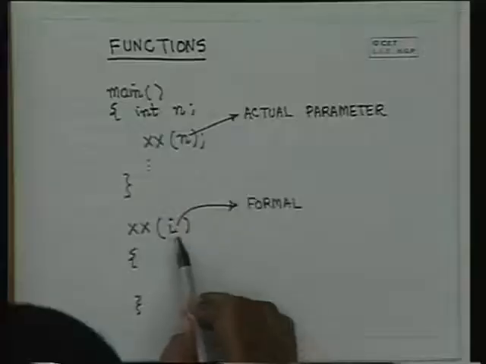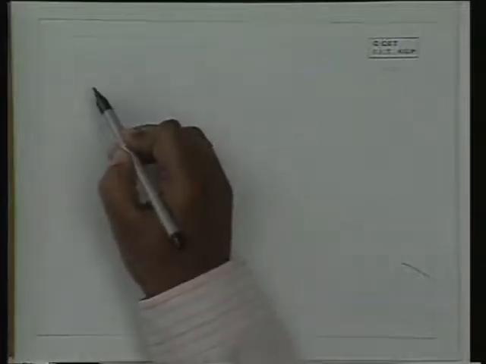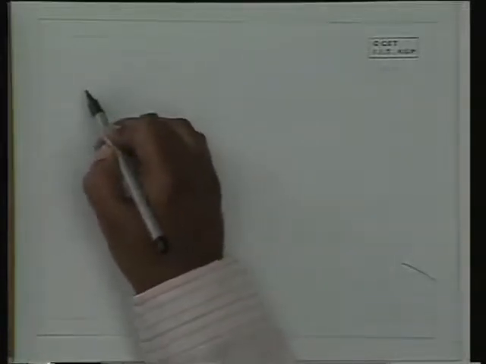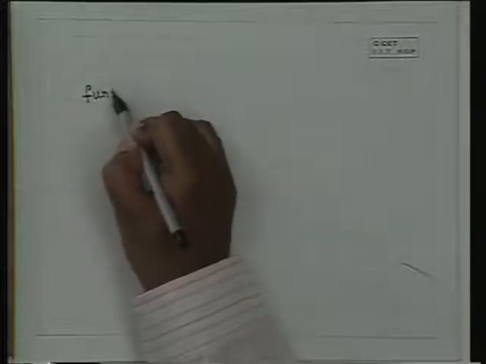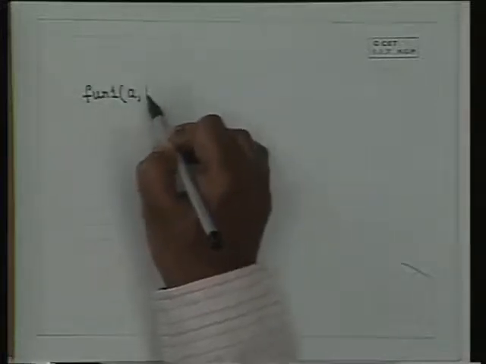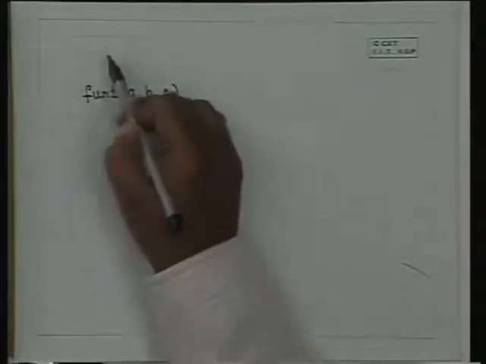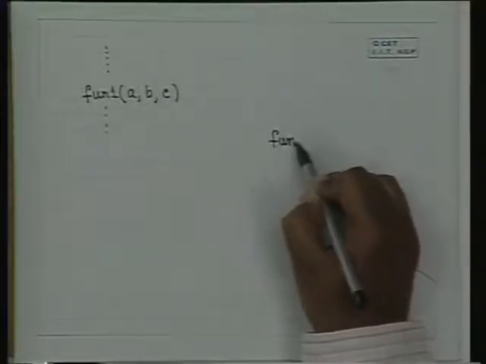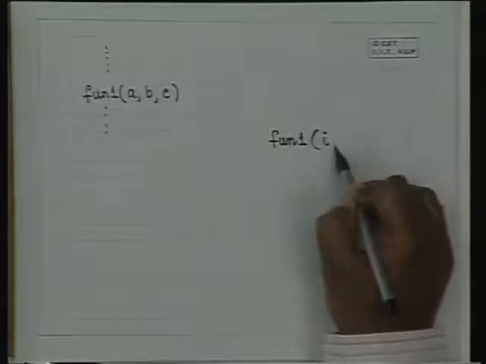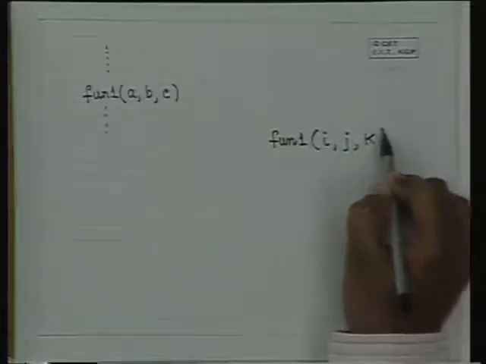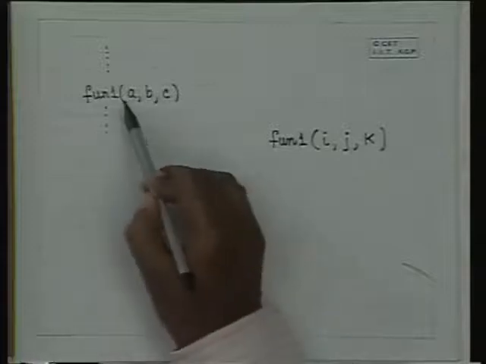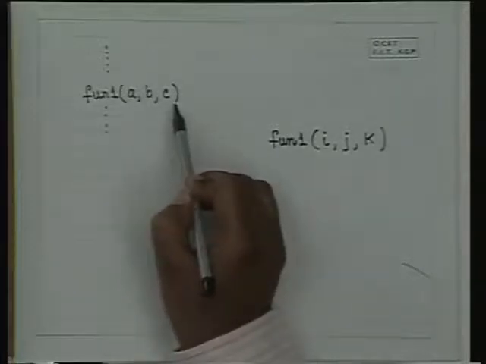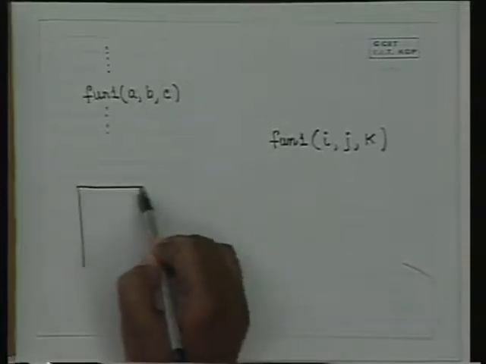So we've got the actual parameter here and the formal parameter here. Now in any programming language we shall see that when there is a function called, say, fun1 a, b, c, there is a call, and we have got the formal parameters as I mentioned before, I, j and k. Now these A, B and C are occupying some locations in the memory.